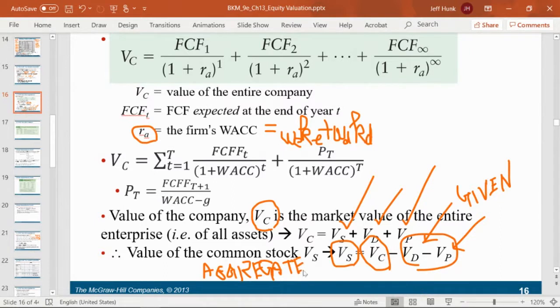So since everything is in aggregate, what you want to know is the individual price of the stock, right? So to find the individual price of the stock, what do you need to do?